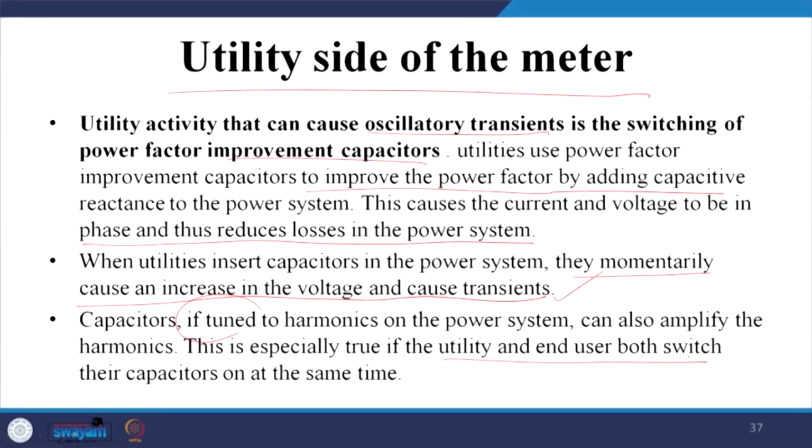This is especially true for utility and end user both switching their capacitor at the same time. So, that is the challenge here, and we require to damp out the oscillation. That is also the biggest challenge of the power quality.